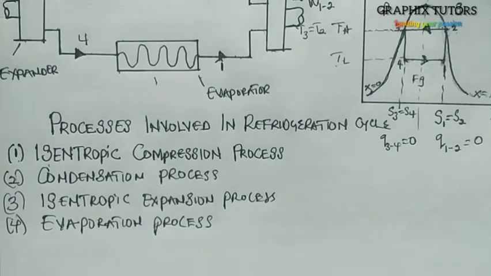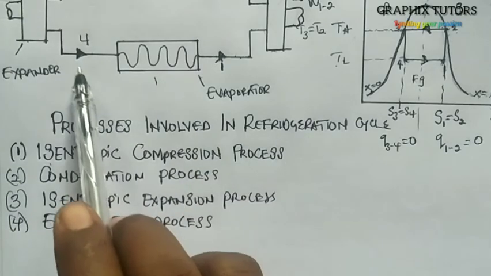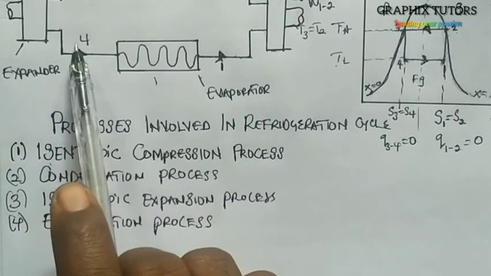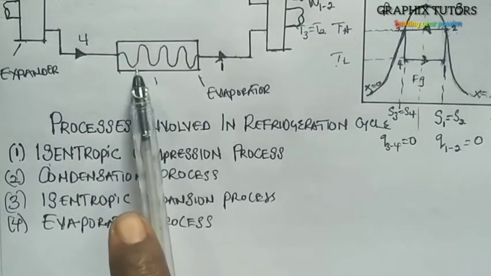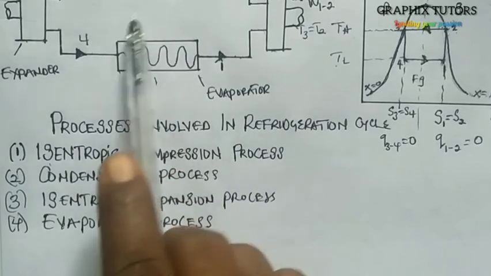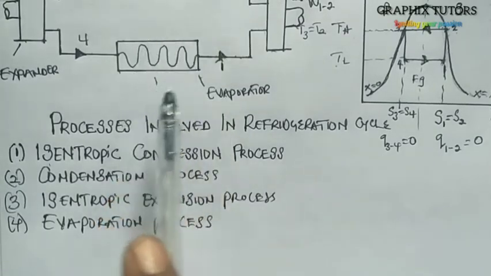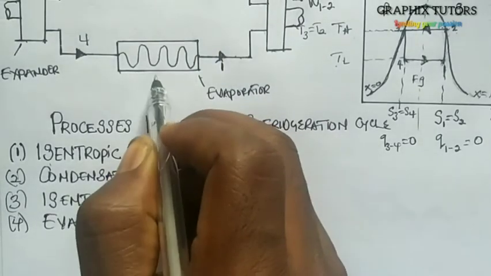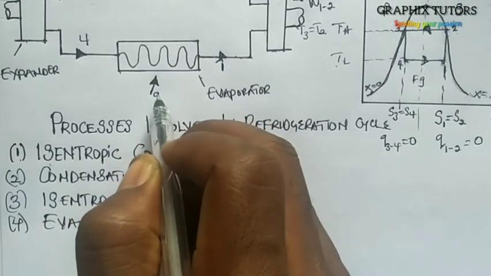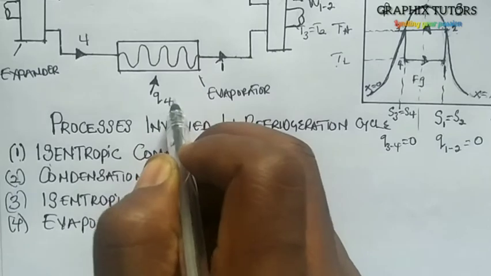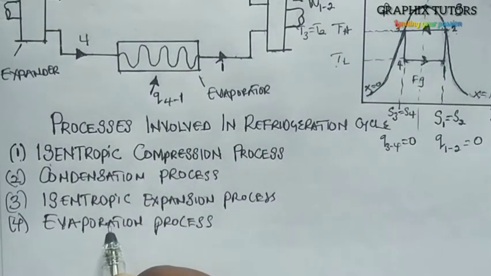Is to increase the temperature of a fluid, right? So when the liquid at state 4 enters into the evaporator, then it absorbs heat. So at the evaporator there is a heat input. The heat is absorbed. So at Q4 to 1 there's heat absorbed, right?